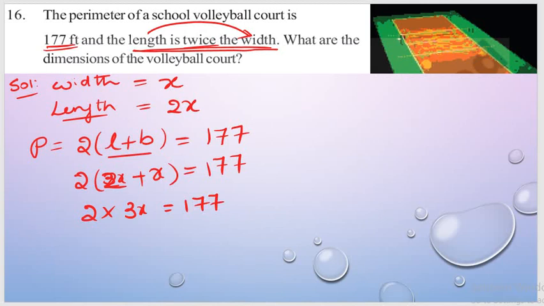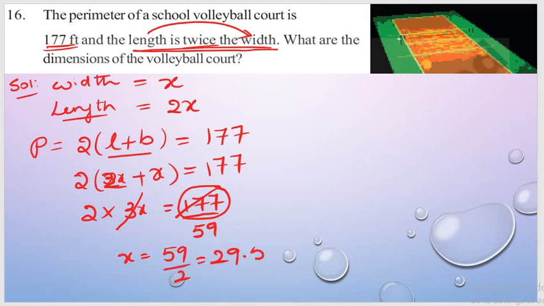Now if you observe this, 7 plus 7 is 14, 14 plus 1 is 15. The sum of digits is divisible by 3, which means I can directly cancel this 3 with 177. How many times will it go? 3 5s are 15 and 3 9s are 27. So from this, x is equal to 59 divided by 2, which gives me 29.5 feet.